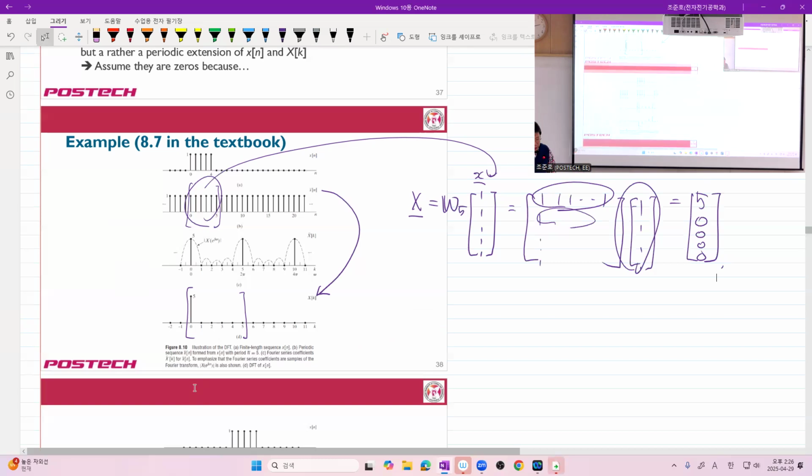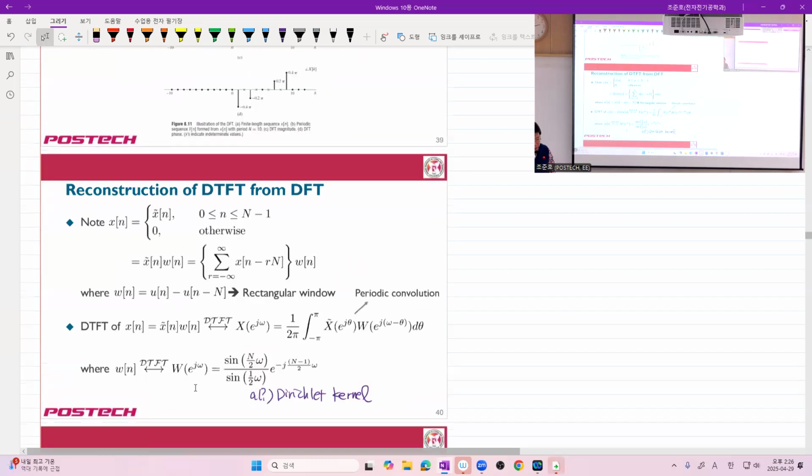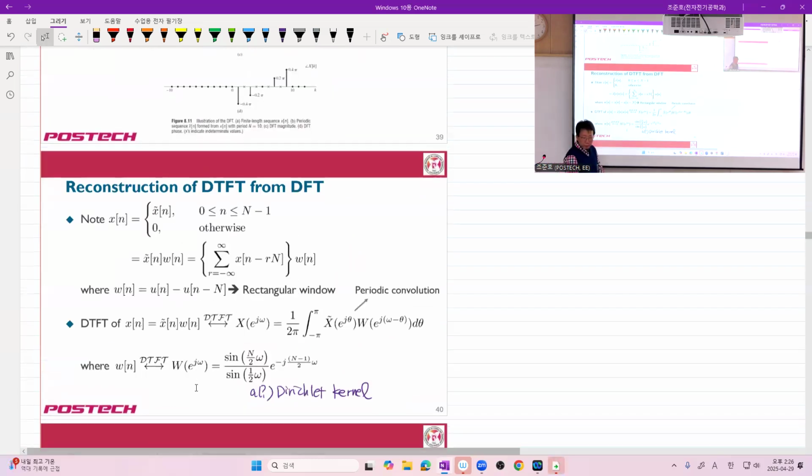And here goes something different. So now, this example was so special. So let's consider a slightly more general one. Got it? So let's assume that you have a periodic signal x tilde, and you window one period.